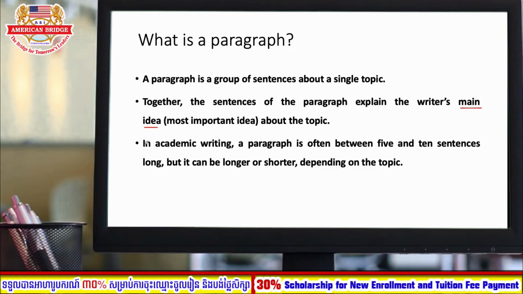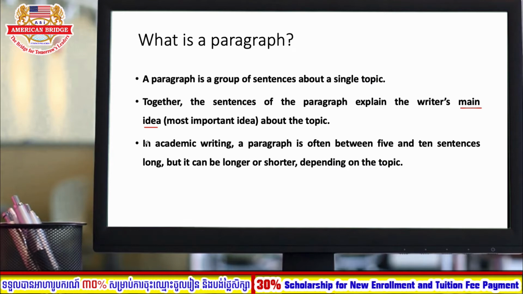If the topic is very simple, like describe your best friend, describe your favorite person, it can be 150 to 200 words. But if we talk about the causes of pollution, the effects of climate change, or the process of making something, it will be a little bit more complicated, so the number of words will increase based on the topic.